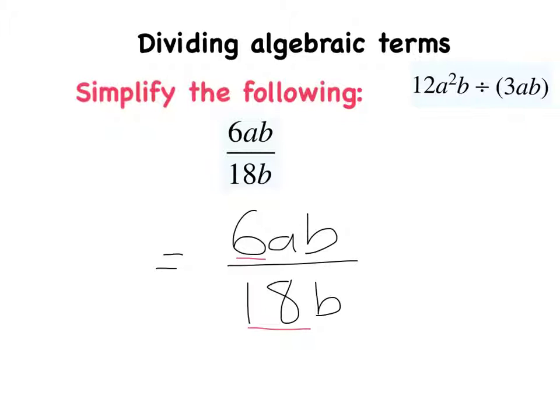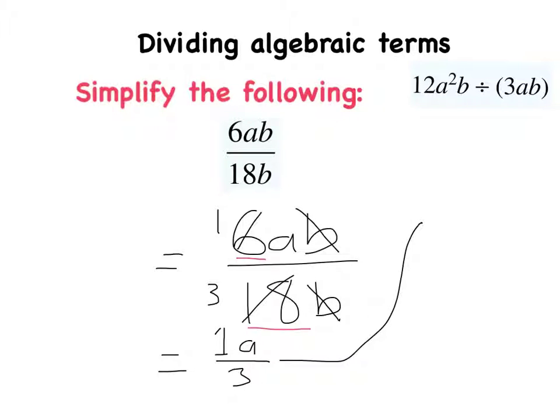Highest common factor is 6. 6 goes into 6 once and into 18 3 times. My b's cancel each other out. So I'm left with 1a on 3. Instead of writing 1a, I just show that as a on 3. And it's as simple as that, guys. That's how I simplify divisional algebraic terms.